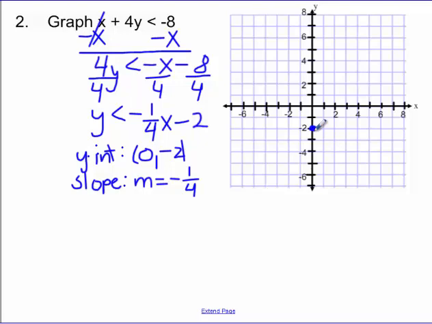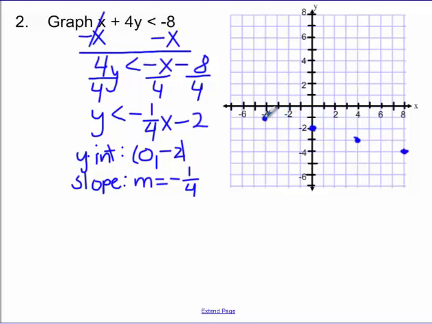We're going to go down 1 and to the right 4. We'll plot another point. Then we do it again, down 1 and to the right 4, and plot another point. We can also go the opposite direction. Since we went down right, we can go up left and get some more points.